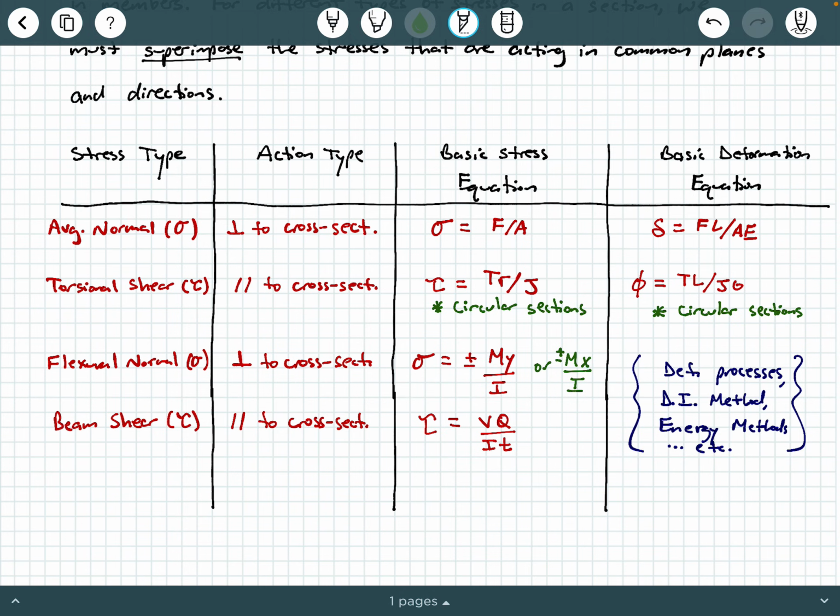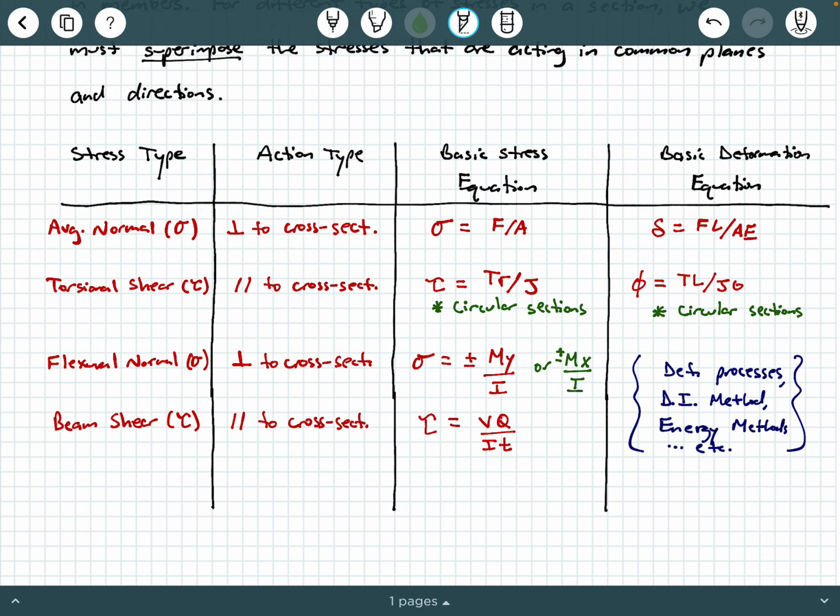The fourth stress type is beam shear. We call that tau. That's going to be parallel to your cross section, and that's going to be equal to VQ over It. Again, that's the basic stress equation. Now, notice that for the basic deformation equation, for flexural normal stress and beam shear, I don't have one equation. I have processes.